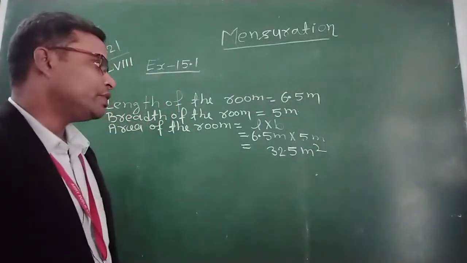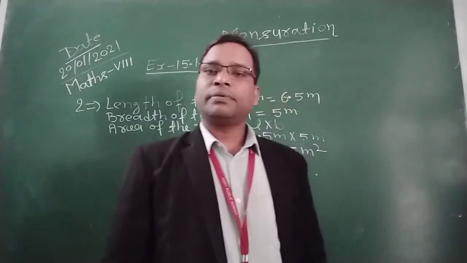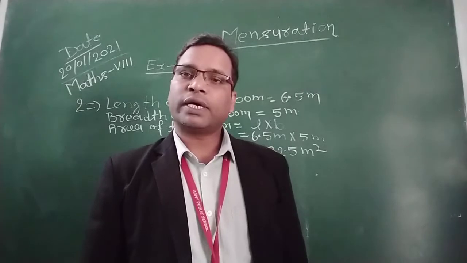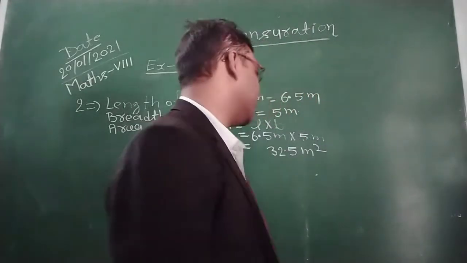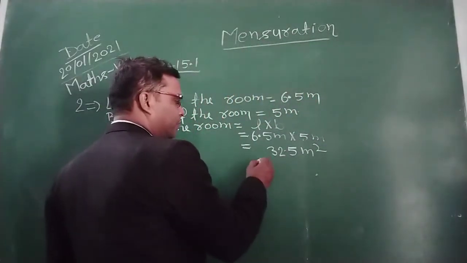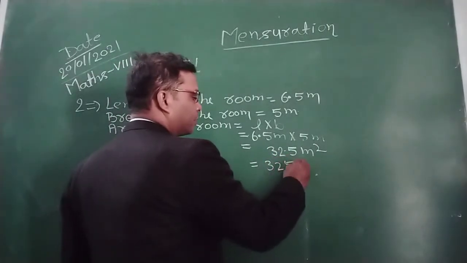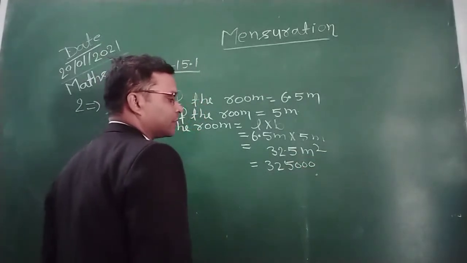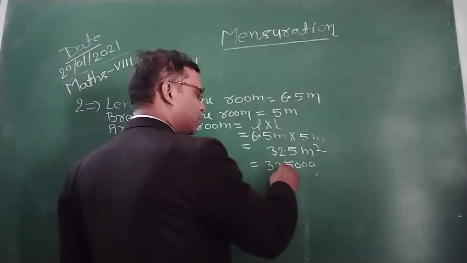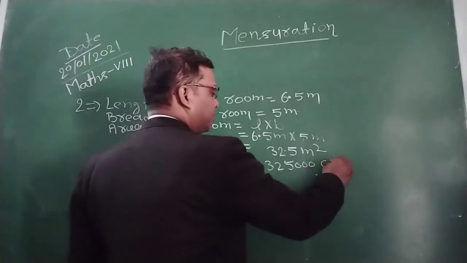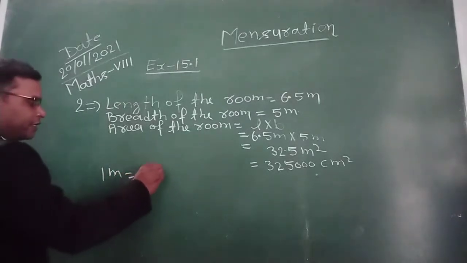If you change it in centimeter, because the side of square tiles is given in centimeter. First we change it in centimeter. We know 1 meter is equal to 100 centimeter.